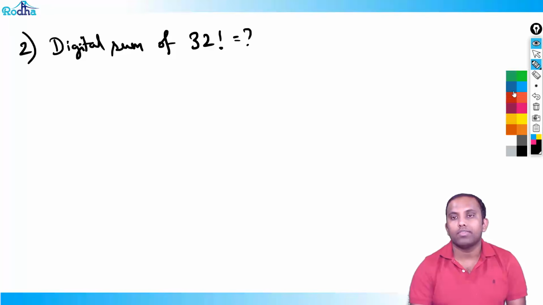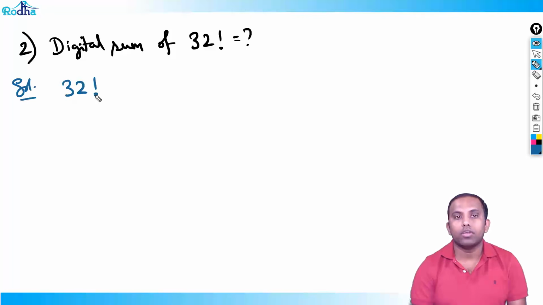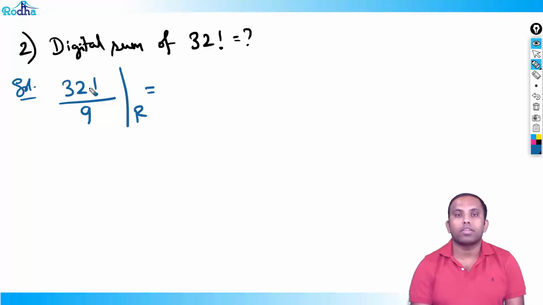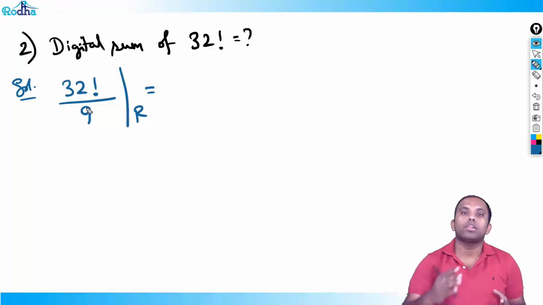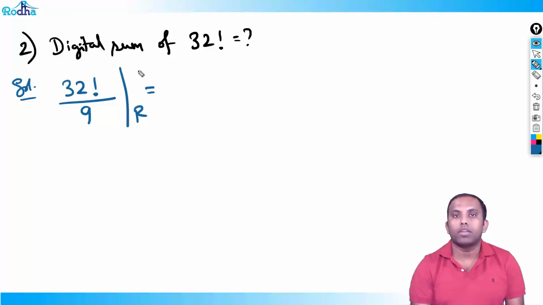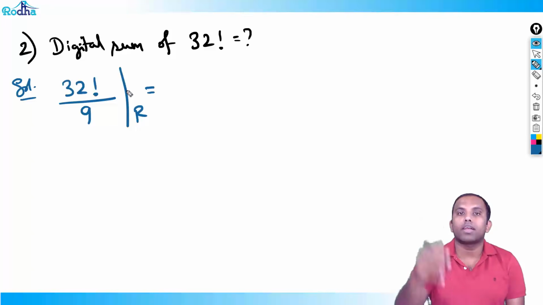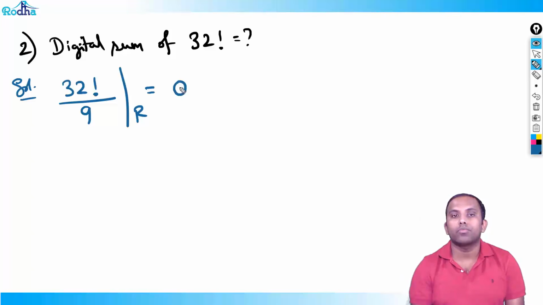Okay, so again we'll do the same thing. 32 factorial will be divided by 9 and we take the remainder. So obviously 32 factorial has multiplication from 1, 2, 3, 4 till 32. So obviously 9 will get cancelled somewhere in between, right? What is the remainder? 0.